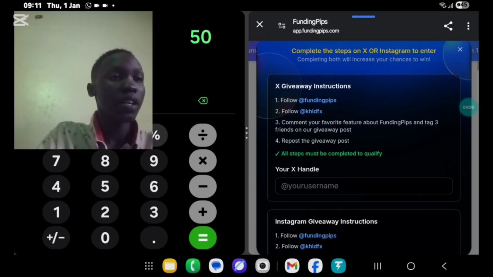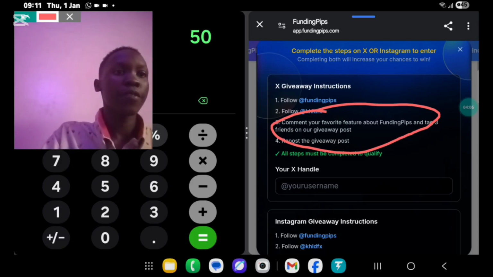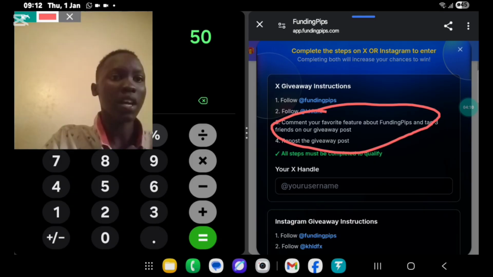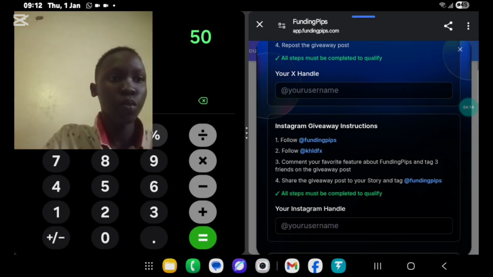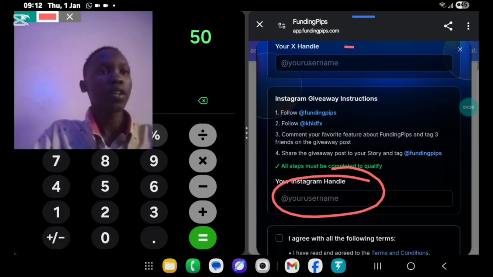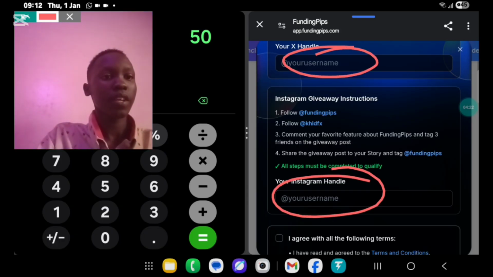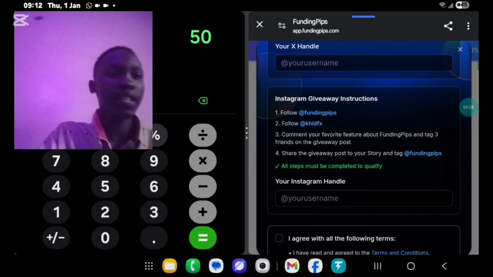Then you comment. Comment favorite feature about Funded Pips, all this stuff. You comment, tag this. Then on IG, you do the same things. Then you put your name here. So that's how you can easily win it.